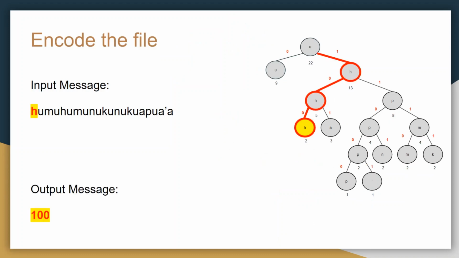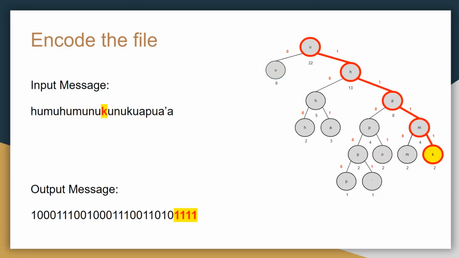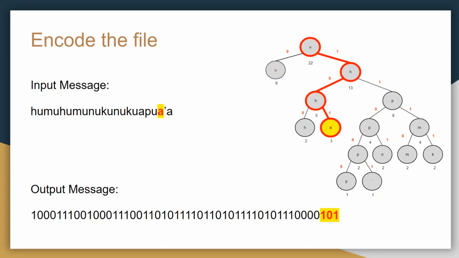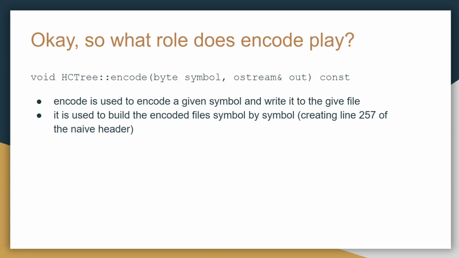For H, we're given an H. We can find that pretty easily because we can go up from H or down. I'll explain the way we should be doing this later on. But essentially, you can get each of these through the tree. So this is just going through the encoding of this message. I'm going to go through it relatively quickly, but you can go back over this later on your own.